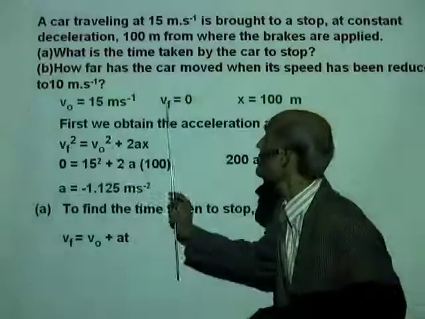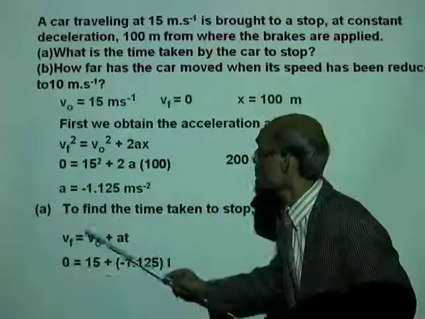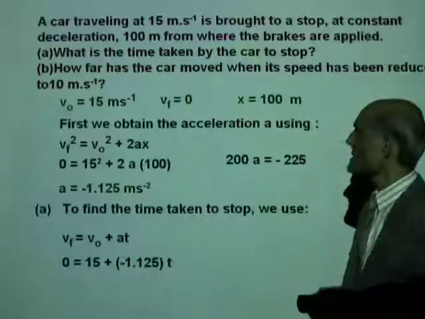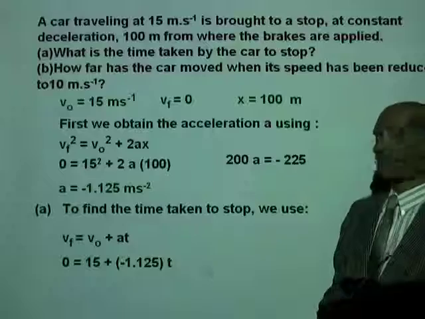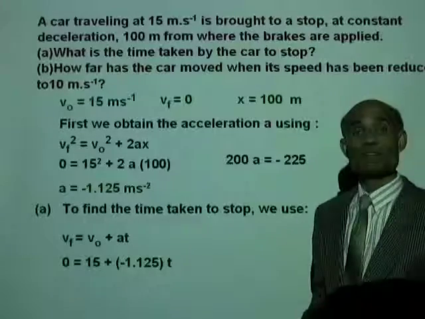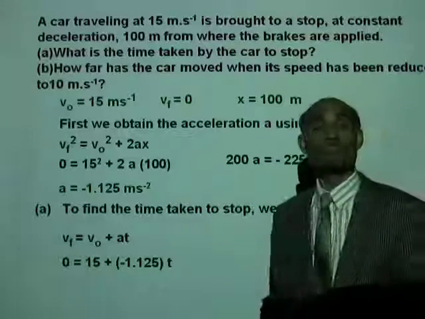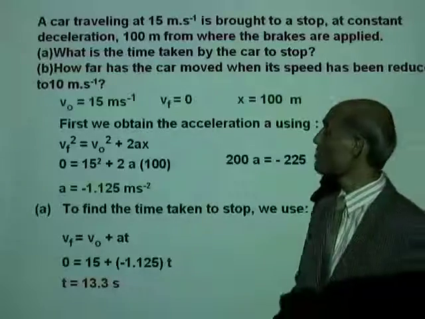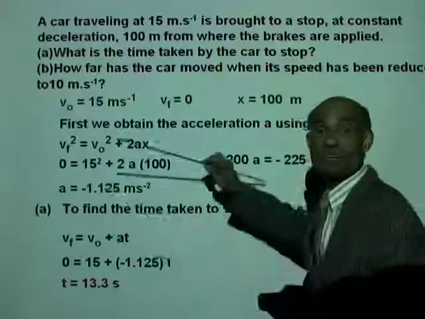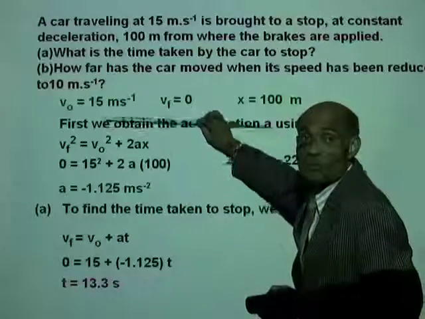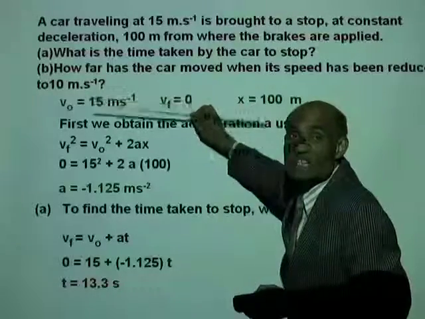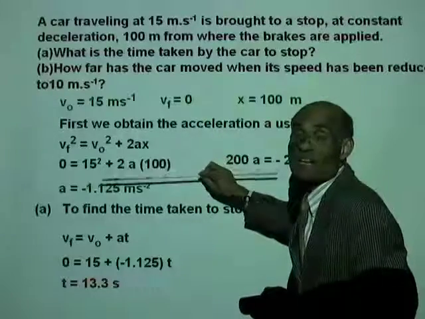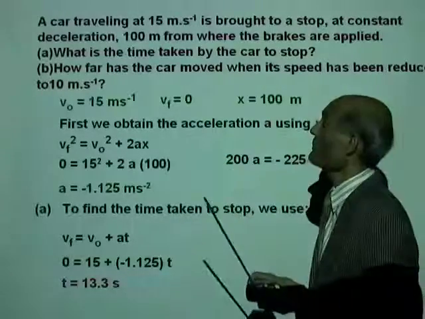We have 0 equal to 15, plus A equal to negative 1.125 times t, and solve for time from there. That gives you t equal to 13.3 seconds. You can see that's a two-step problem. You got to use the given data to find acceleration, and then use the acceleration to find the time.